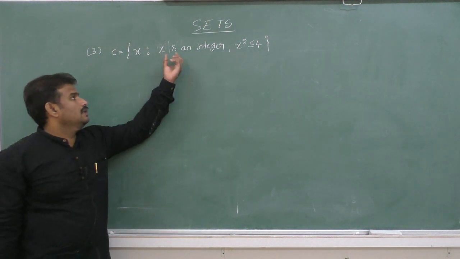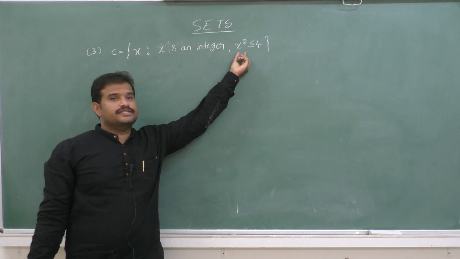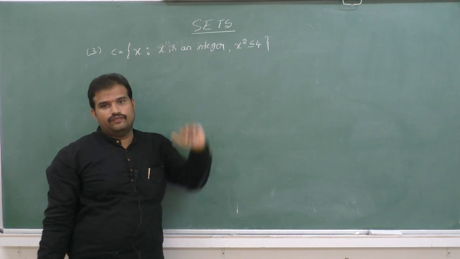You have to list all the integers for the given condition, x square less than or equal to 4.